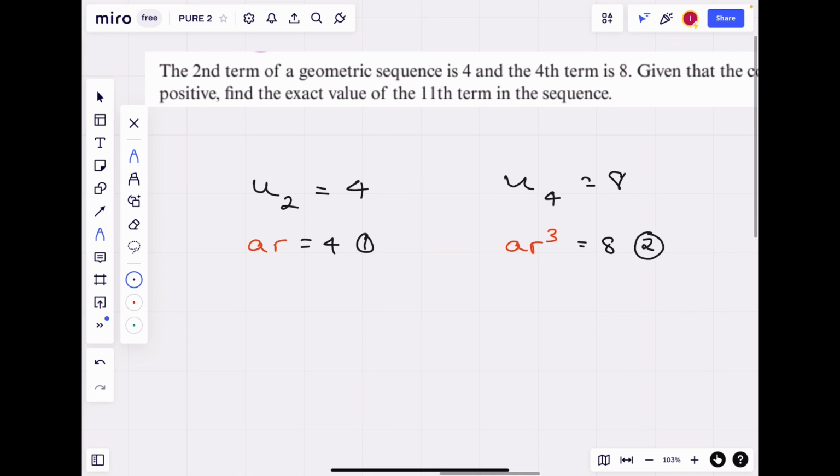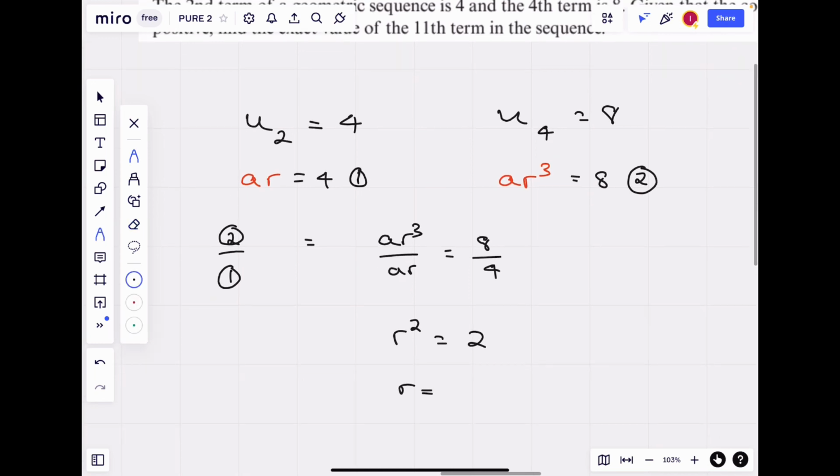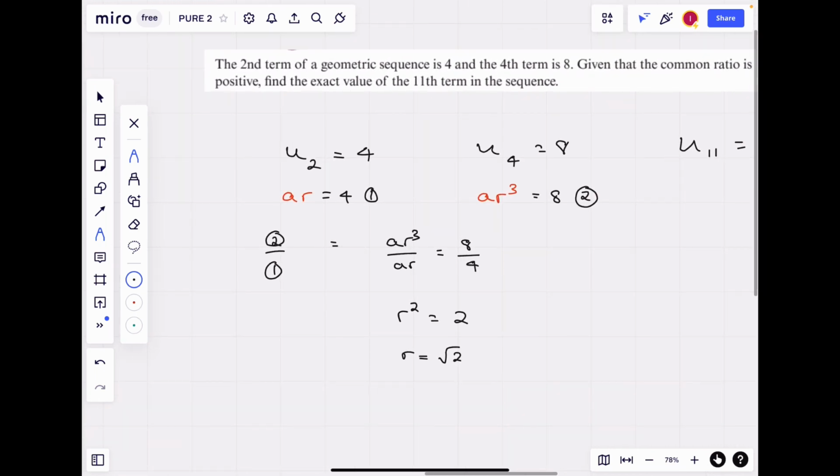Now, if we do equation 2 divided by equation 1, that's ar cubed over ar equals 8 over 4, which means r squared is equal to 2, which means r is equal to root 2. Cool. Now when we substitute that back into one of our equations, a root 2 equals 4. So a equals 4 over root 2, and when you rationalize it, you end up with 2 root 2.